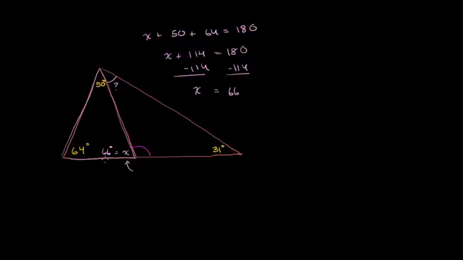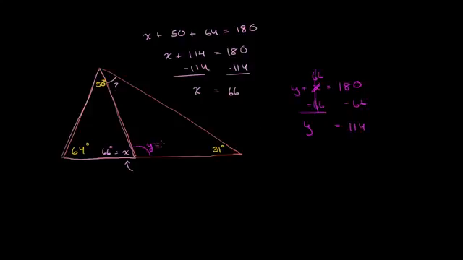Their outer sides form a straight angle, and they are adjacent. So if we call this angle right over here y, we know that y plus x is going to be equal to 180 degrees. And we know x is equal to 66 degrees. So we can subtract 66 from both sides, and we get y is equal to, these cancel out, 180 minus 66 is 114.